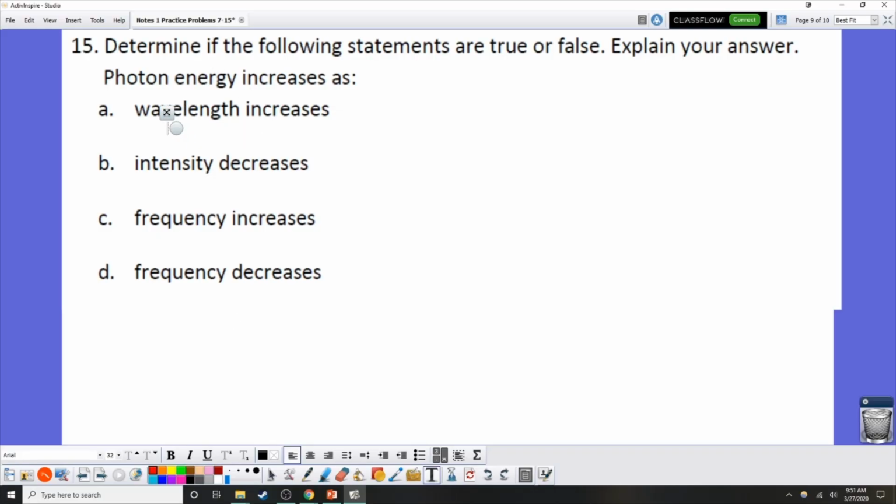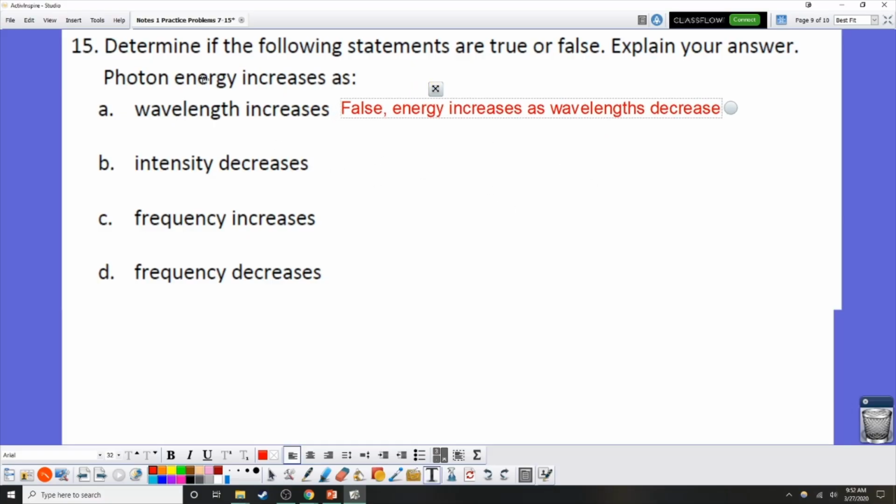Let me change this to red so you guys can see this. Okay, so false. Energy increases as wavelengths decrease. So if the wavelength is getting shorter, the energy is increasing.